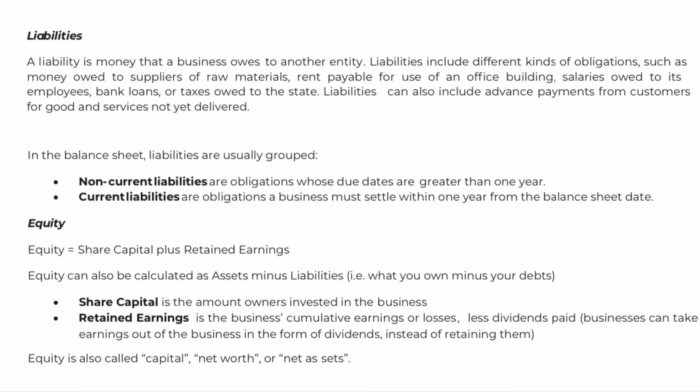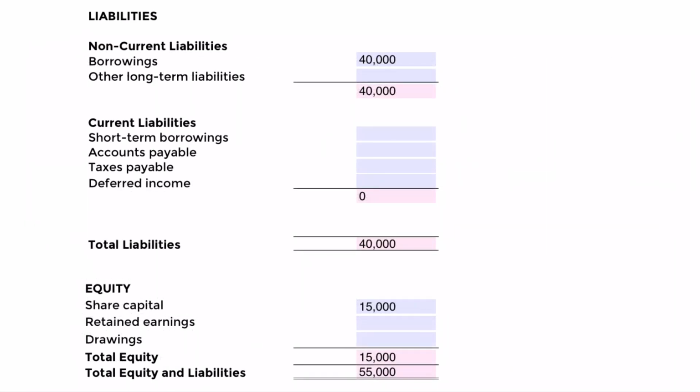And drawings is, as it states, any money that you as a business owner withdraw from your business, almost like a dividend. So you are withdrawing from the profits for yourself. So that is how I did the balance sheet.